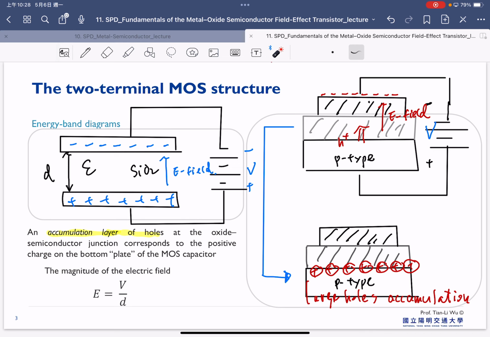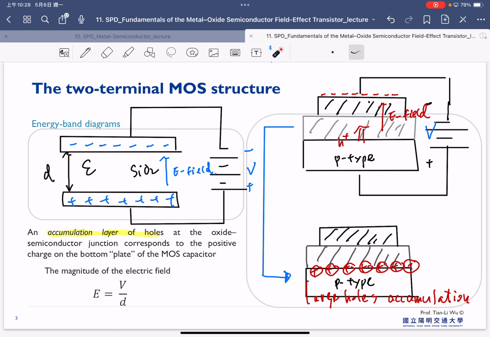So that's the first operation. That's the first case where we apply the negative bias.